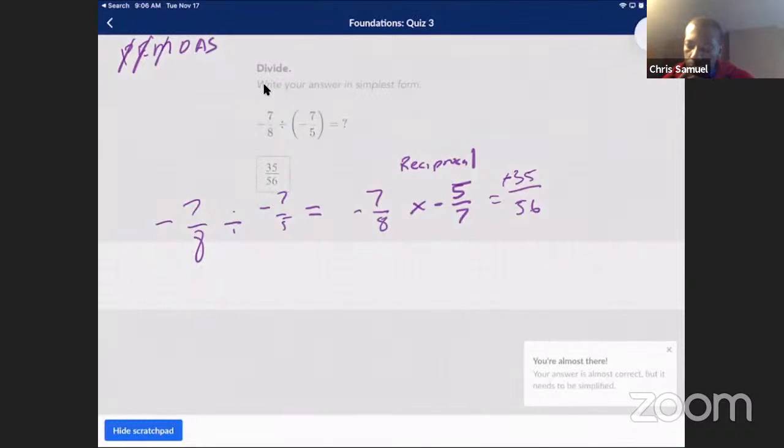Reducing to simplest form really means we should try to see which numbers they both go into, which gets us a smaller number. We know from the last problem that if we divide 56 into 2 pieces, we get 28. If we divide 35 into 2 pieces, it's going to be a decimal.